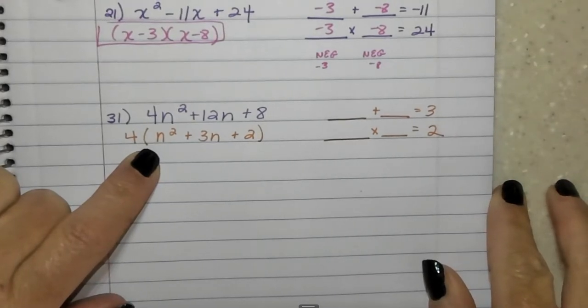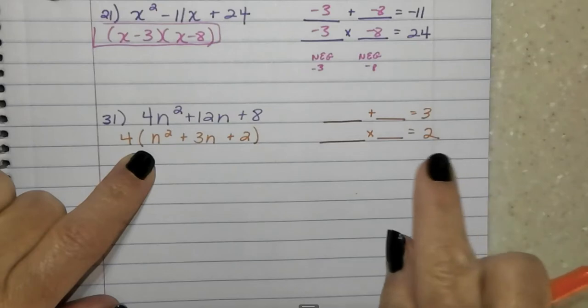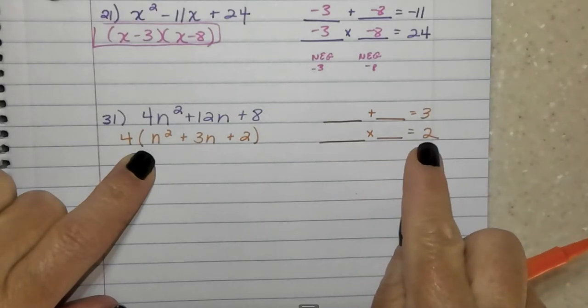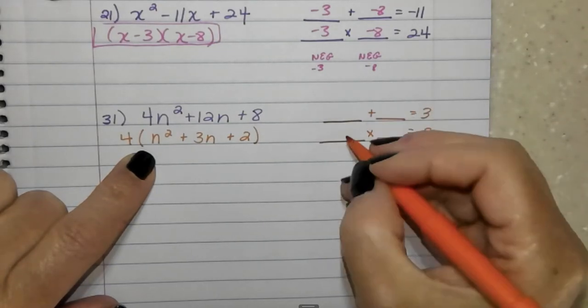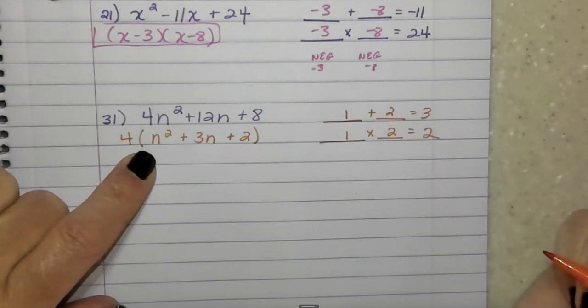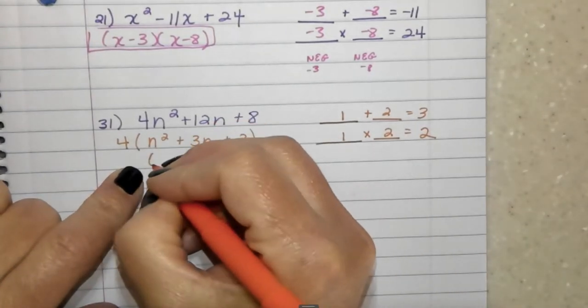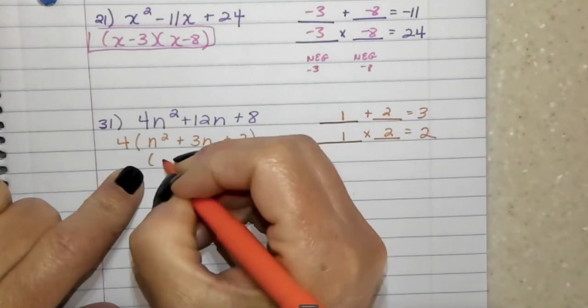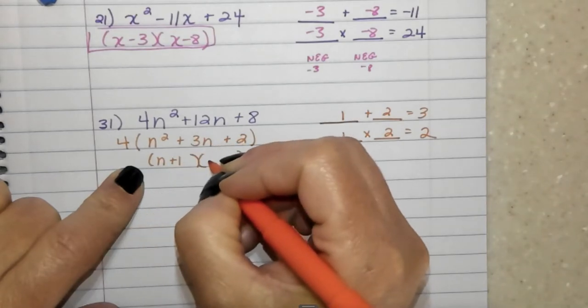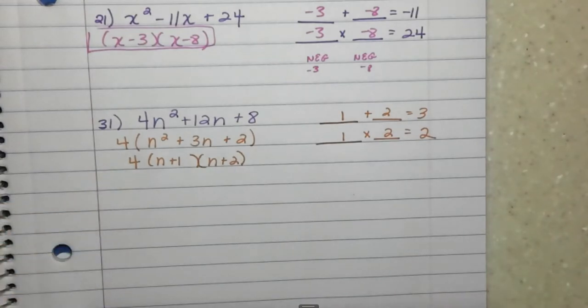You're like, what? Trust me, it's possible. What are the factors of 2? Well, it's only 1 and 2. And if you add a 1 and a 2, doesn't that make a 3? Sure does. So this gets broken down into its smaller pieces of n plus 1 and n plus 2. Can't forget to bring that 4 with.